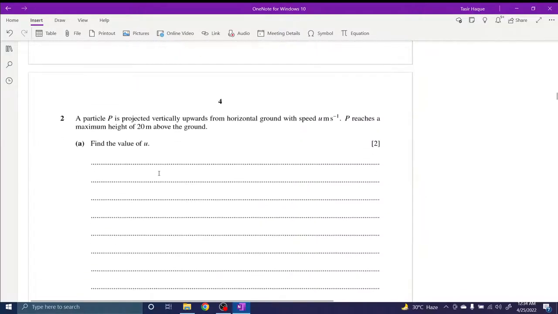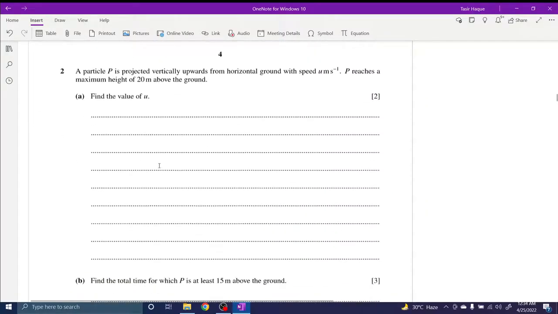For number 2, a particle P is projected vertically upwards from horizontal ground with speed u. It reaches a maximum height of 20 meters above the ground. Find the value of u. So we're going to use the equation of motion v squared is equal to u squared plus 2as. Why am I using this?